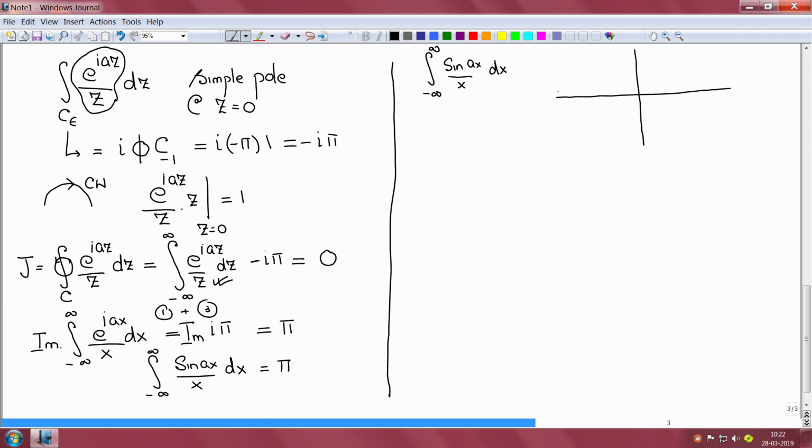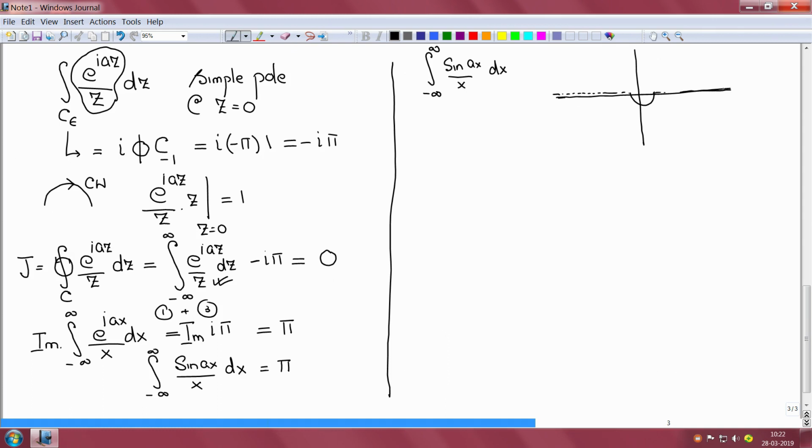So, this is a complex plane. I will come from here. Singularity is over here. So, I am moving on the real axis. I am showing it above because the path will not be clear. So, now we go below.